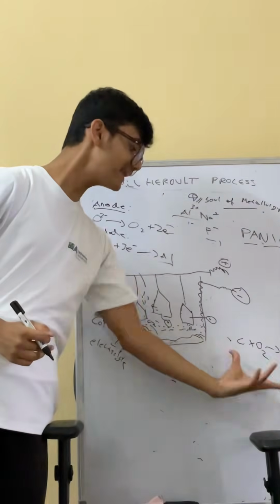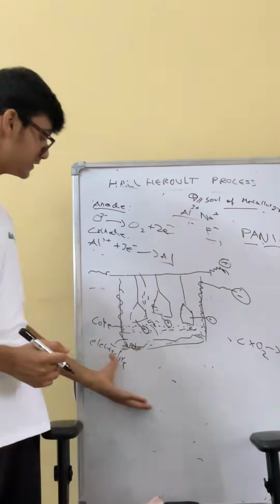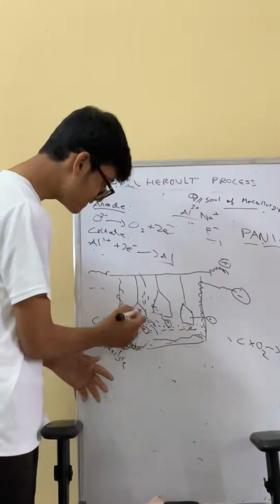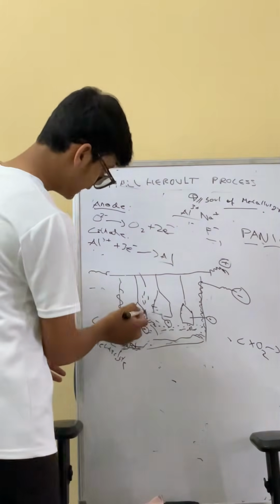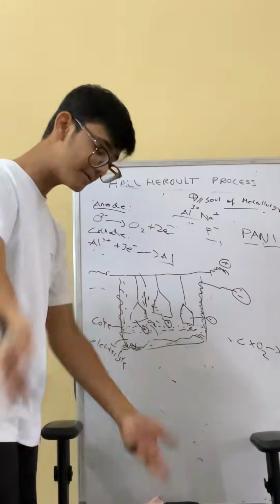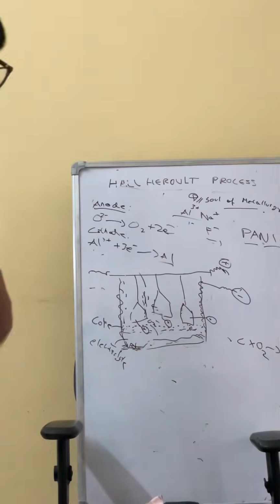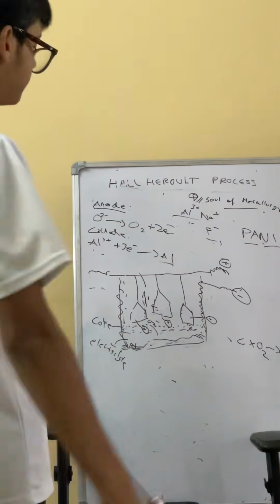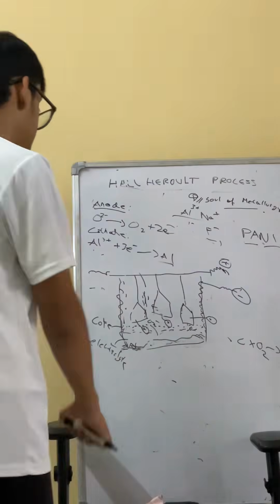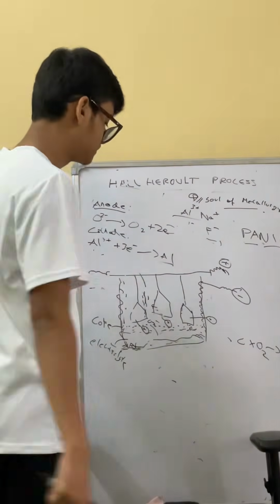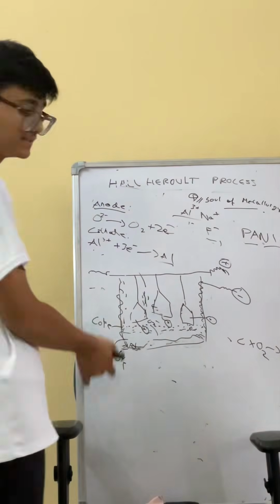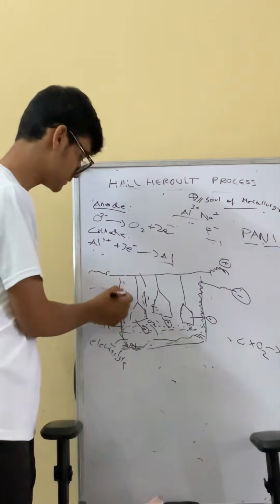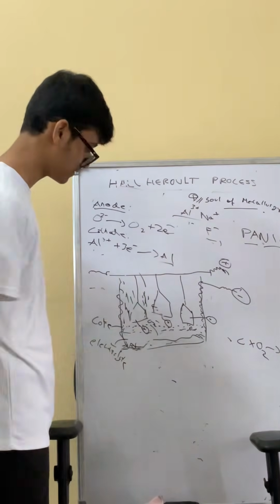Because carbon can react with oxygen. It is not unreactive carbon, right? So when carbon reacts with oxygen, it goes away in the form of some gas, carbon dioxide, responsible for air pollution. Somehow carbon dioxide is always there.